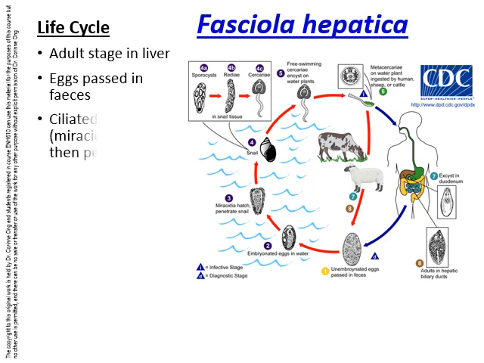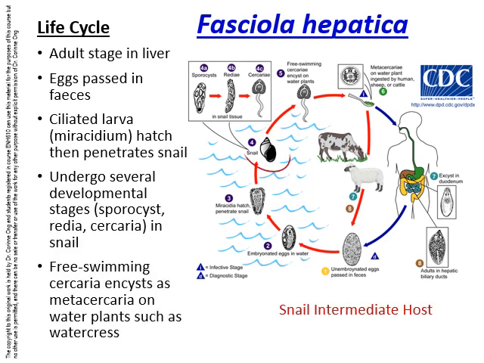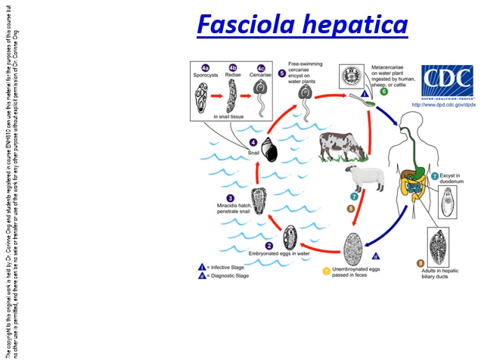The adult stage of the liver fluke infects the liver and produces eggs that are passed in fecal matter to the environment. Ciliated larvae hatch, then penetrate the snail intermediate host. They undergo several developmental stages in the snail and are released as free-swimming cercariae, which encyst as metacercariae on water plants, such as watercress.